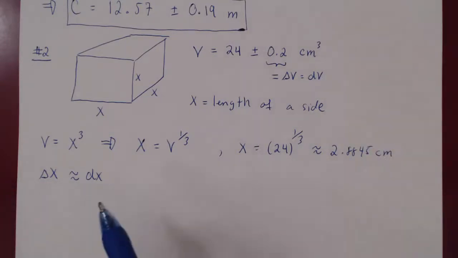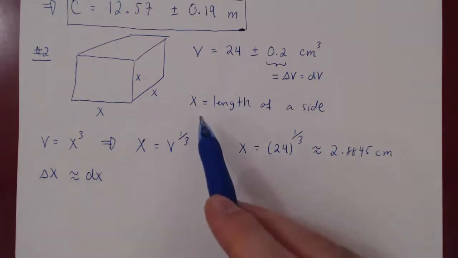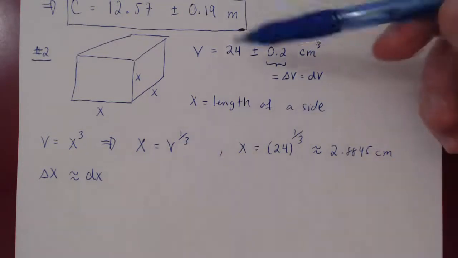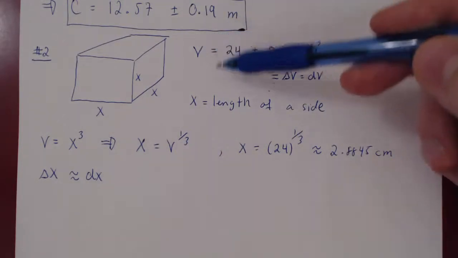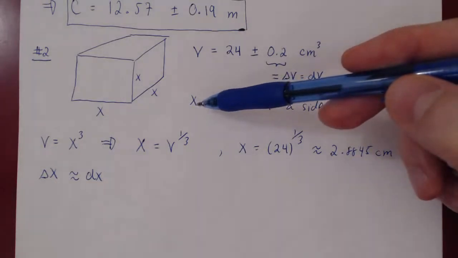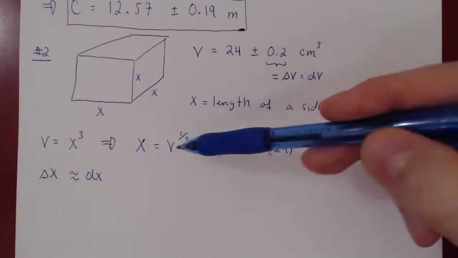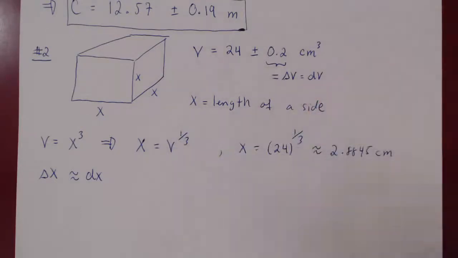And here be careful about this: we're used to seeing x as the independent variable, but here it's not the case. The independent variable is the volume, and x is now the dependent variable. x is now a function of the volume.